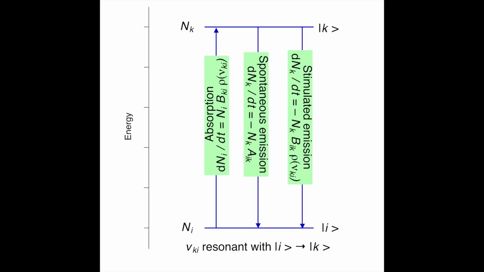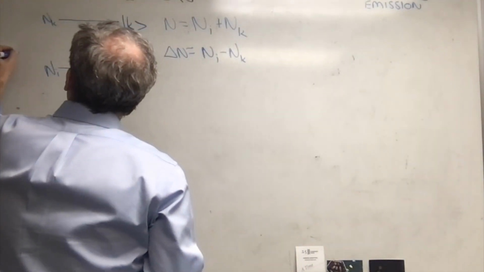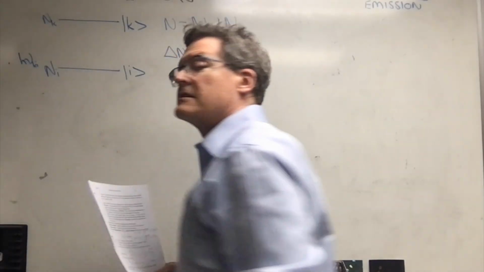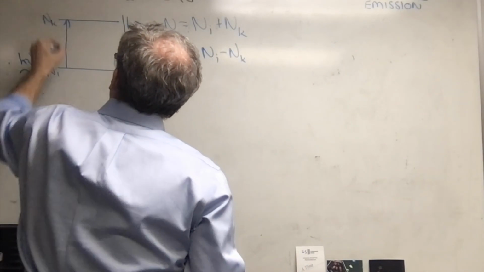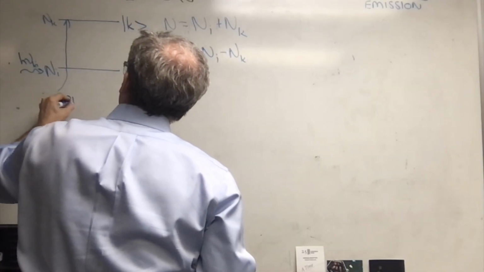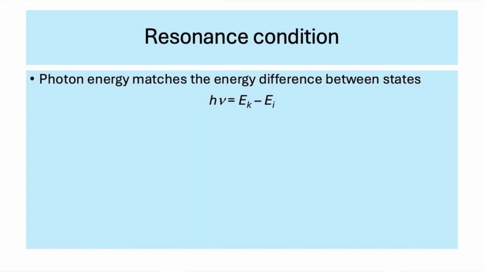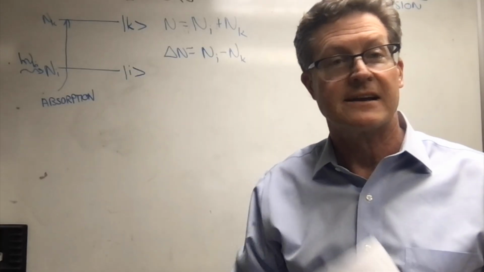Well, Einstein told us there are three radiative processes that we want to take a look at. One of those is that if we come in with a photon that's resonant with the transition, it can be absorbed. And that will drive some population into the upper state. Then there are two ways that light can come back down.